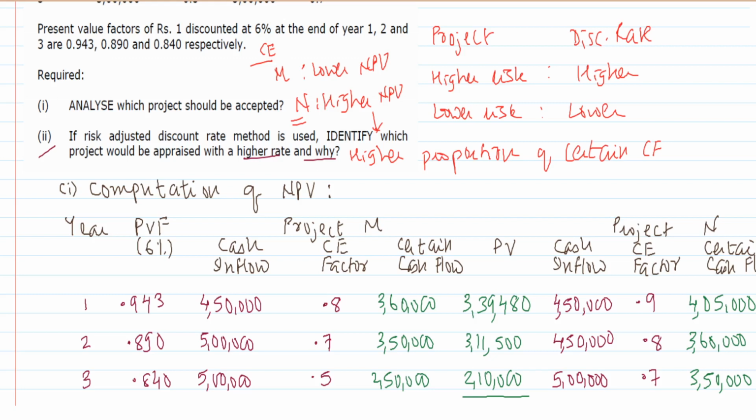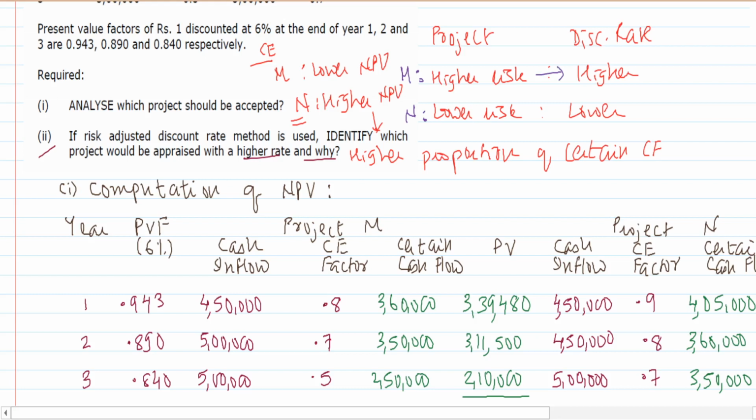If you have higher proportion of certain cash flows, then your risk is lower. When the certainty is higher, that means the risk is lower. That means project N has lower risk and project M has higher risk. If project M has higher risk, then it will be analyzed at a higher discount rate.